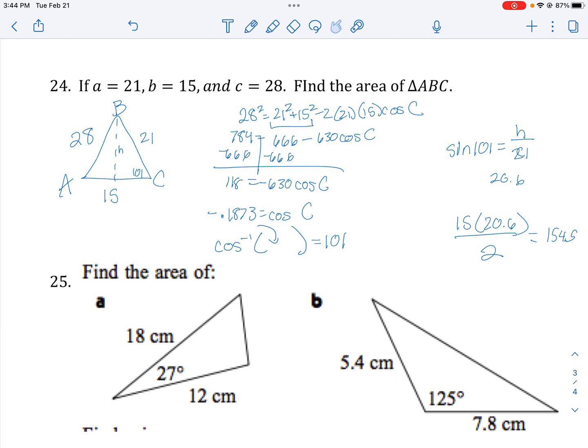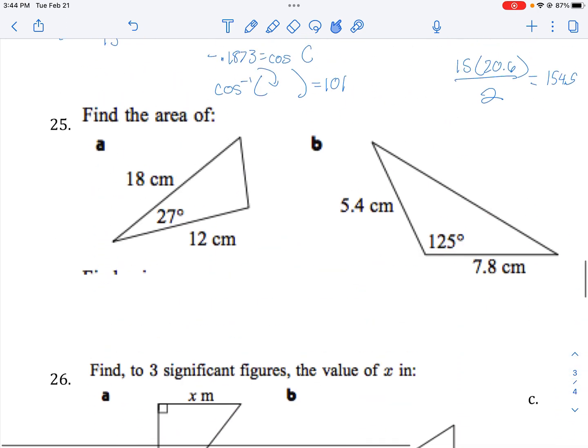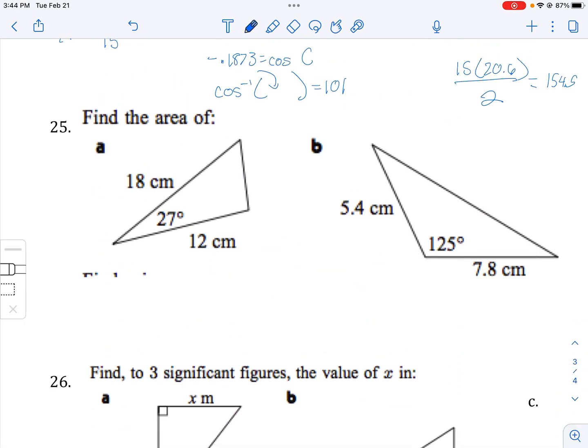All right, so our next one here, find the area. So these are a lot of, we got to do base times height divided by 2. And some of these might be trickier than others. So for example, like this one, if I was to draw on the height here, here's that triangle. So this is 5.4. Here's the height.